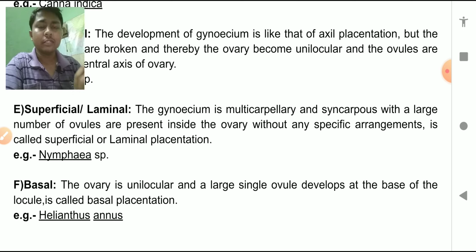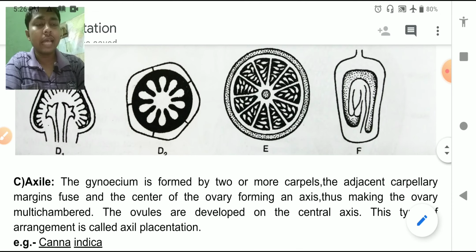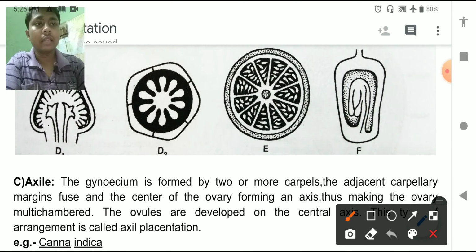Numerous ovules are scattered in the ovary. This type of arrangement is called superficial or laminal placentation, and it is found in Nymphaea stellata, looking like number E.